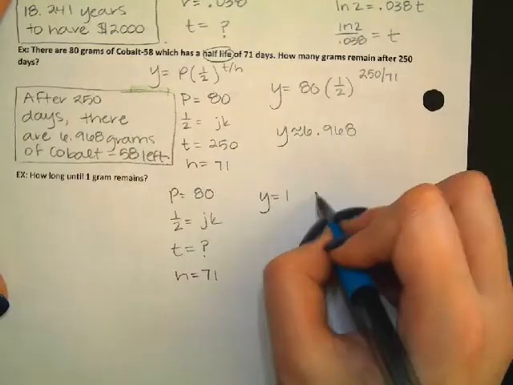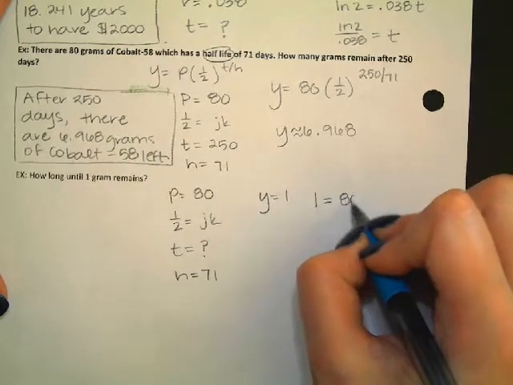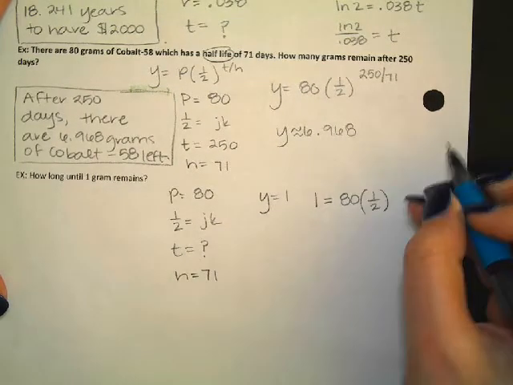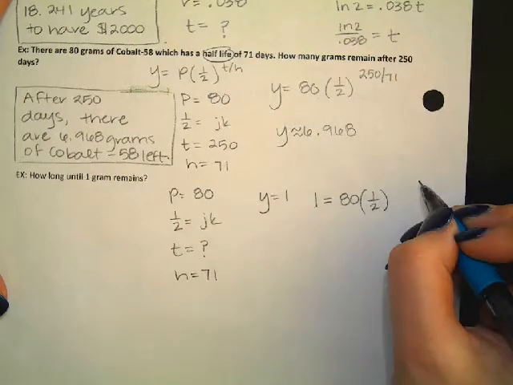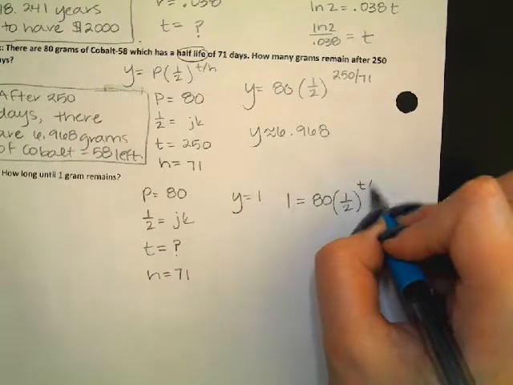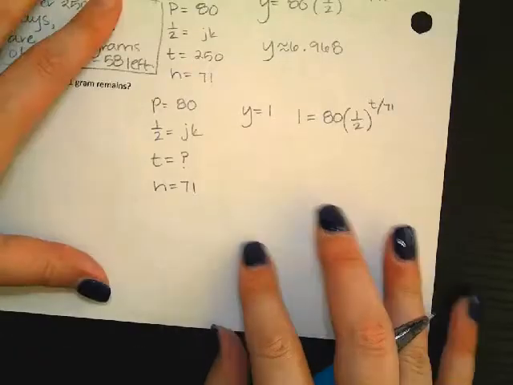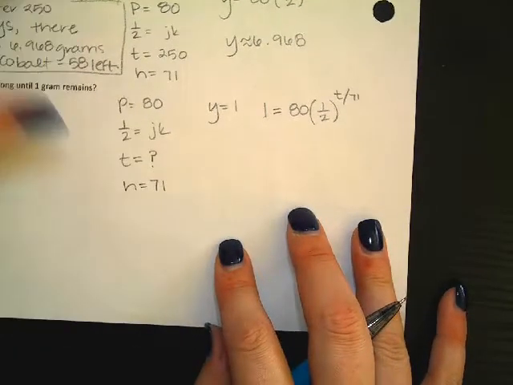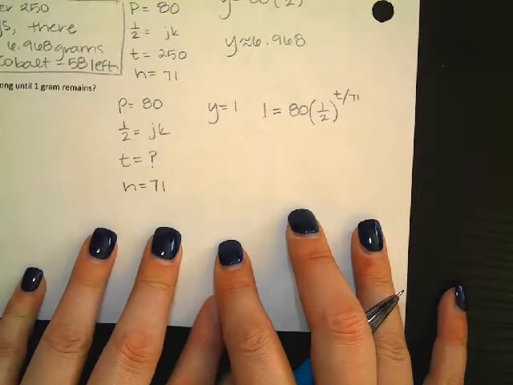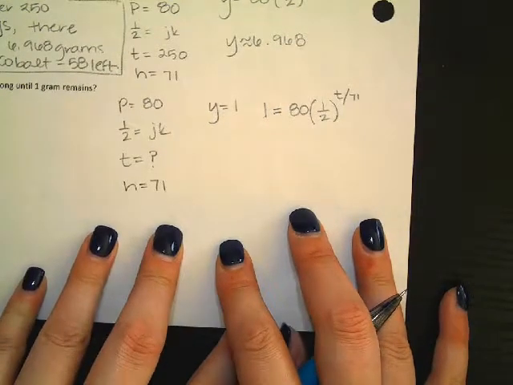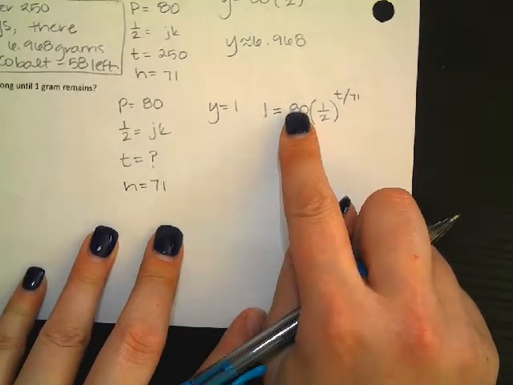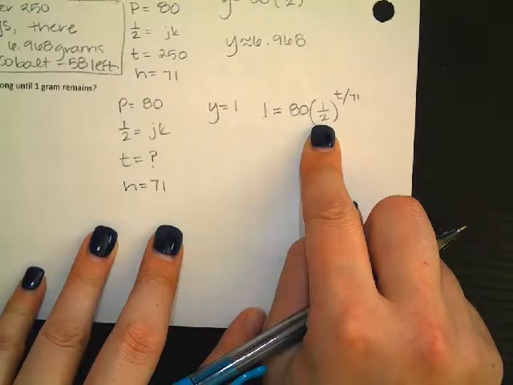So I have 1 equals 80 times 1/2 to the question mark. What should I put instead of question mark? Well, t over 71. Yeah, you can solve for that.